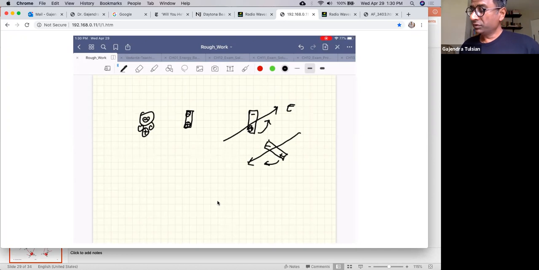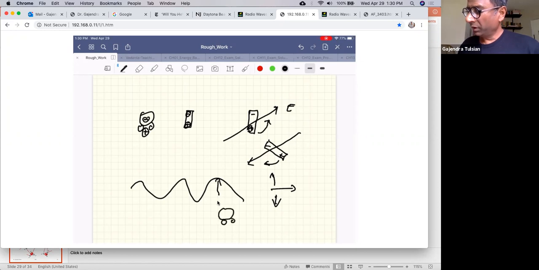So if you send an electromagnetic wave through there, the electric field is going back and forth. If you send an electromagnetic wave in this direction into this water molecule, it will grab hold of the water molecule and jiggle it back and forth. So here's the water molecule and it's being jiggled back and forth.